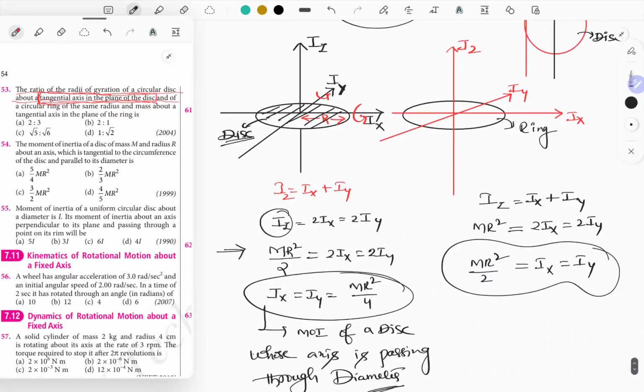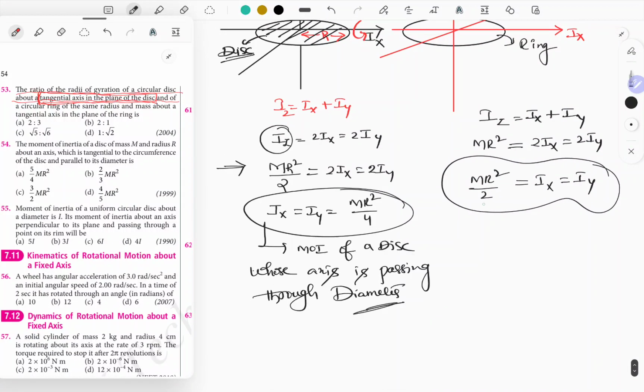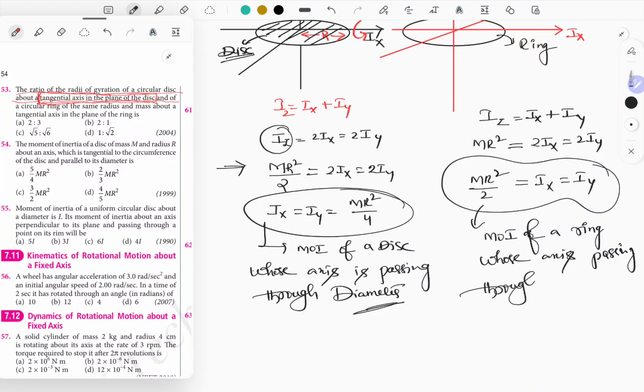So this means the moment of inertia of a ring whose axis passes through the center of mass and along the diameter. So this axis is also passing through the center of mass.